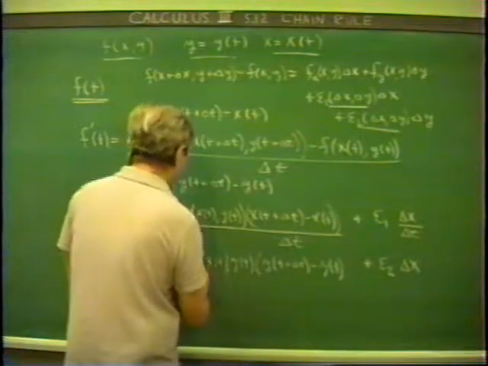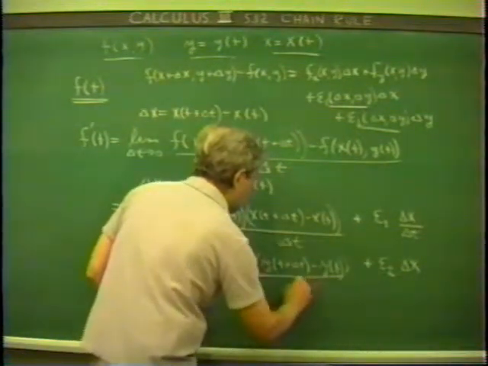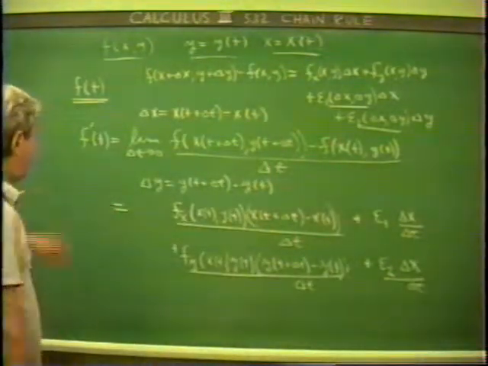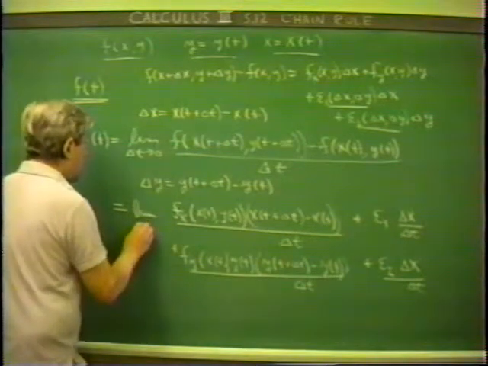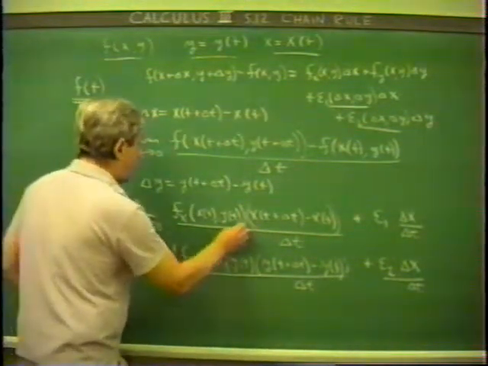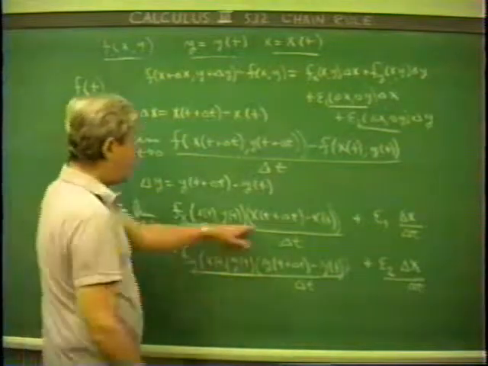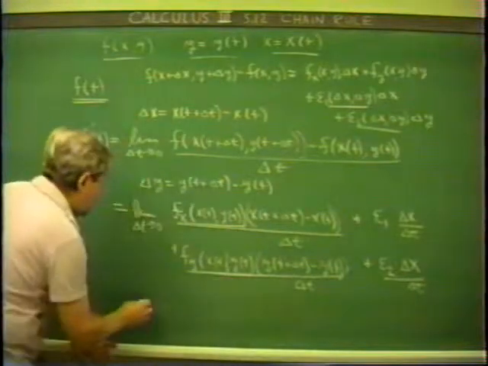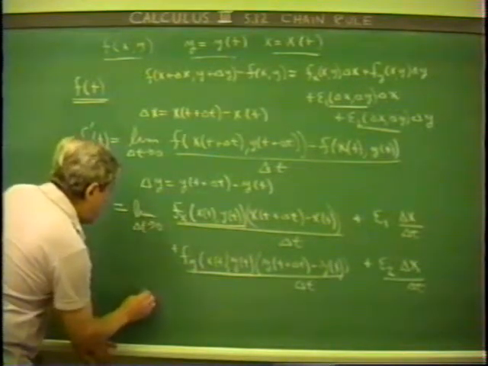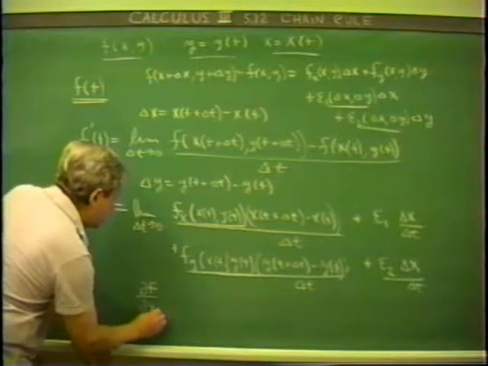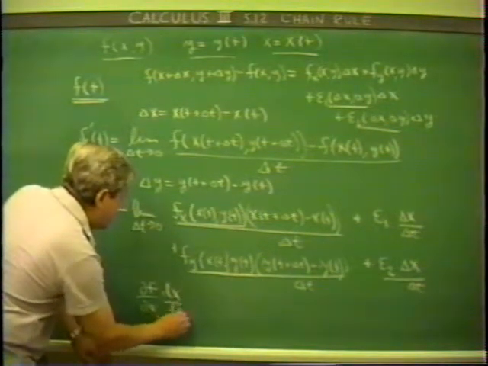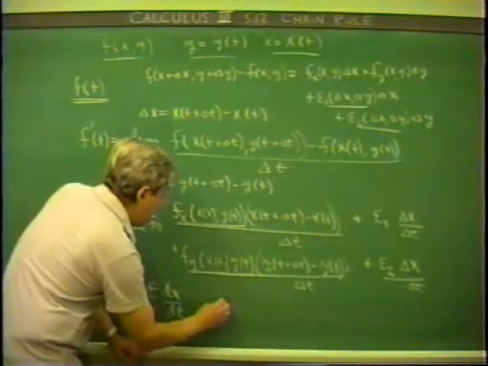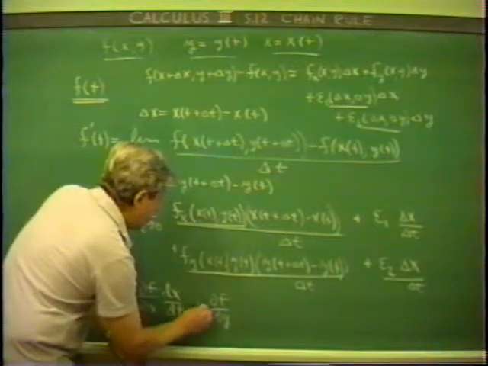So that's the numerator here, and now we need to divide the whole thing by delta t, over delta t and over delta t. Now, we want the limit on this as delta t approaches 0. Well, this is a fixed quantity right here, and so is this. And the limit as delta t approaches 0 of this quantity right over here is the derivative of x with respect to t. So what we get here is that this is the partial of f with respect to x times the derivative of x with respect to t.